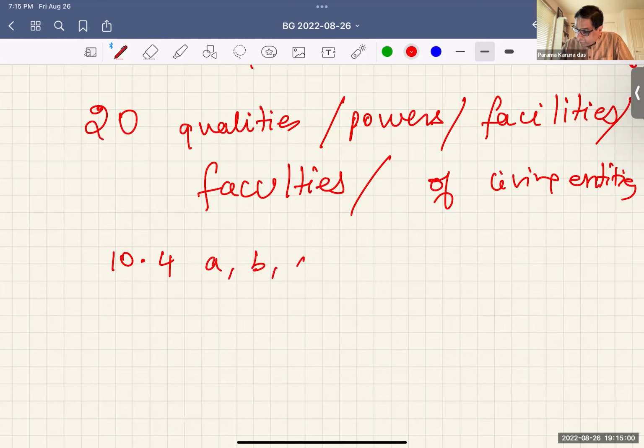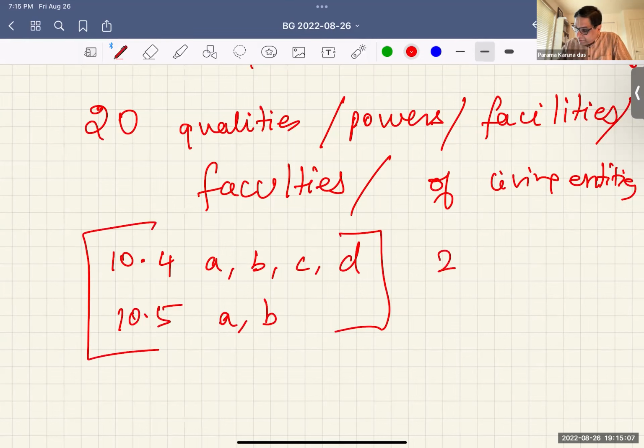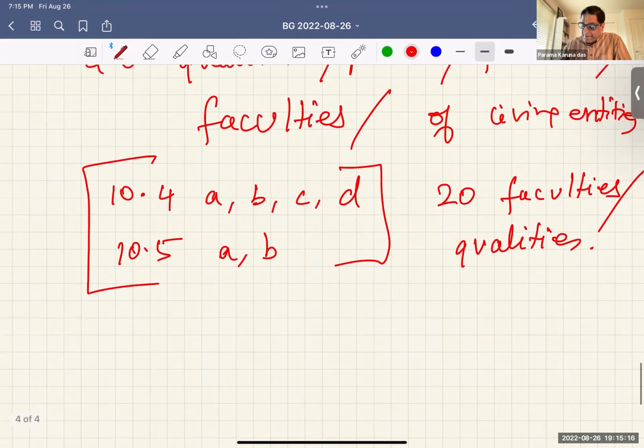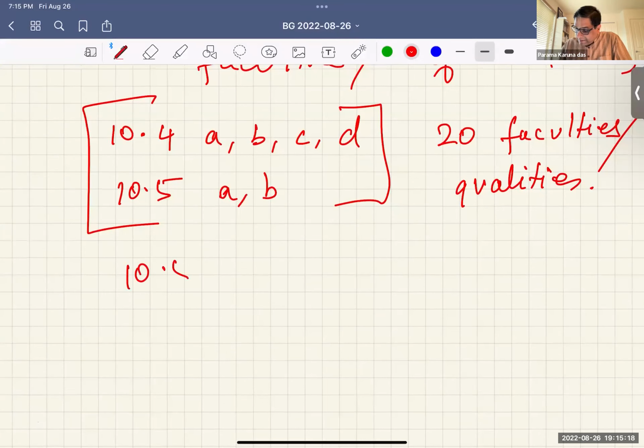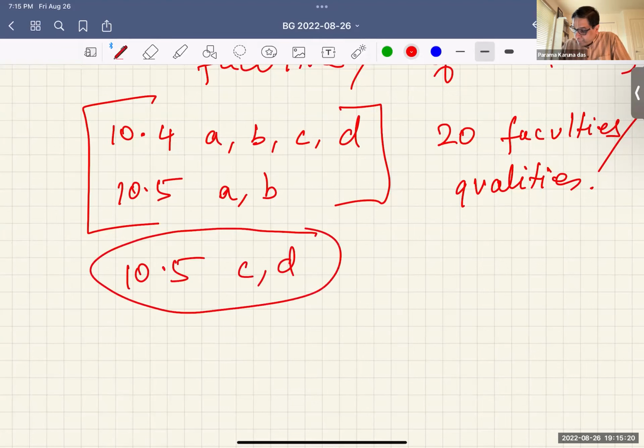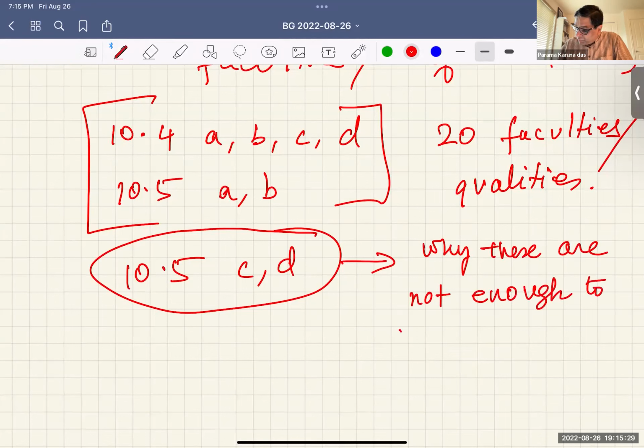So 10.4 A, B, C, D, and 10.5 A and B: these 20 faculties or powers or qualities of living entities are listed. And then in 10.5 C and D, Lord Krishna says why these are not enough to understand Krishna.